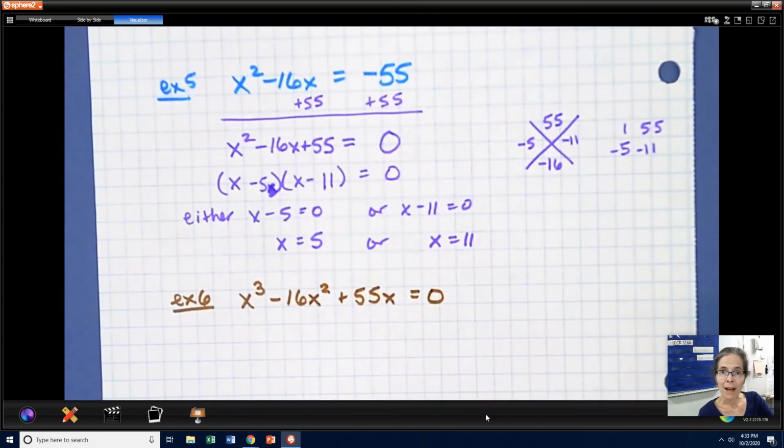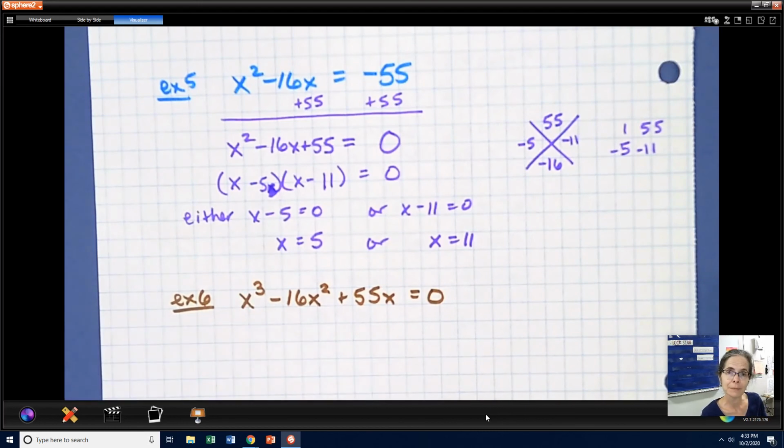That's not even a quadratic. That leading exponent is a 3. So if I graph it, it's not going to be a parabola like the other ones were. It's going to have more curves. It's a cubic. We call it a cubic when it has the highest exponent.